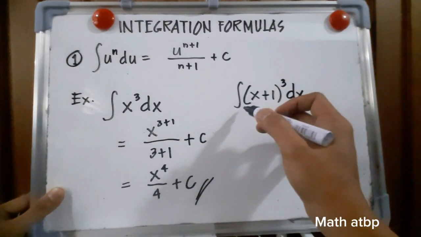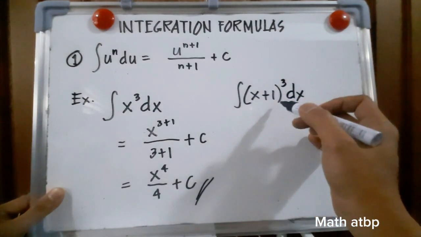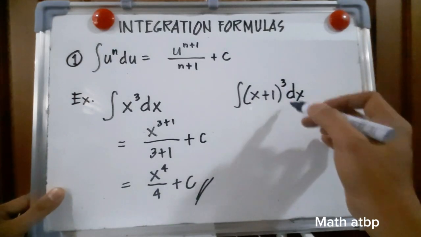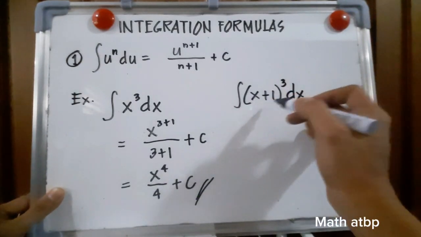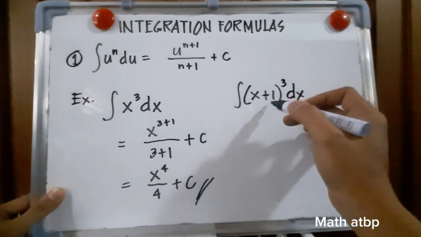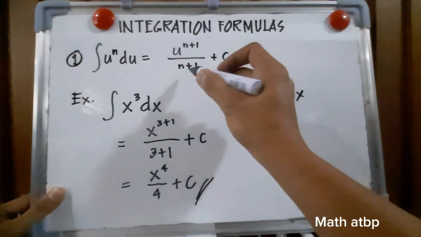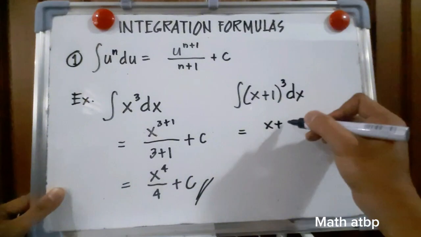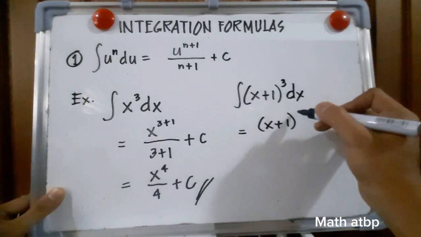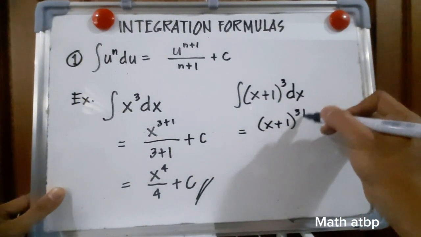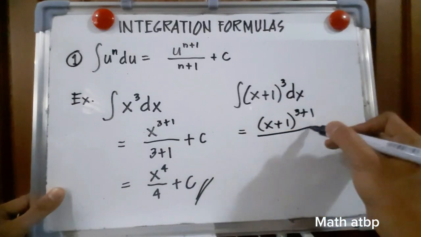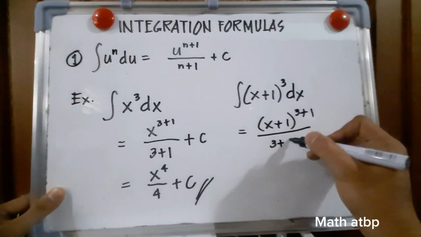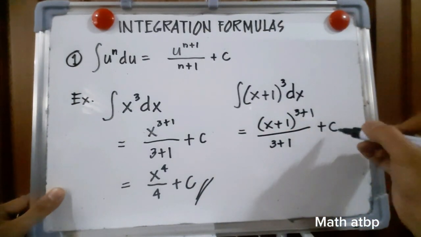Now, we have here the integral of the quantity x plus 1 closed quantity raised to 3 dx. The derivative of x plus 1 is dx. Therefore, we can use this formula. And this is equal to x plus 1 raised to n plus 1, which is 3 plus 1, divided by 3 plus 1, plus c.